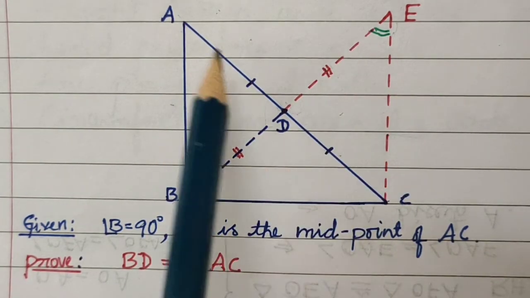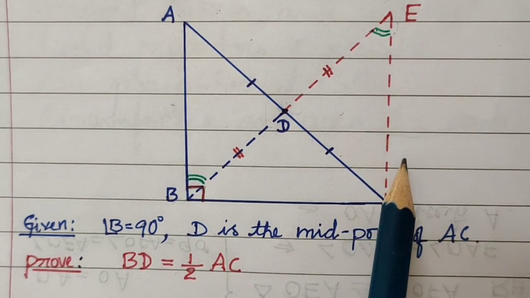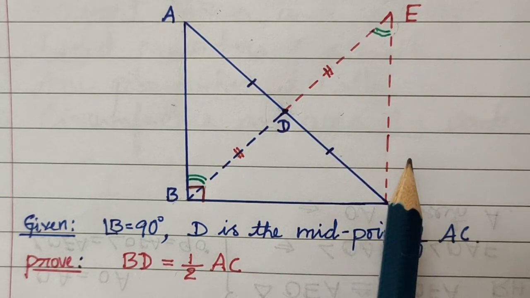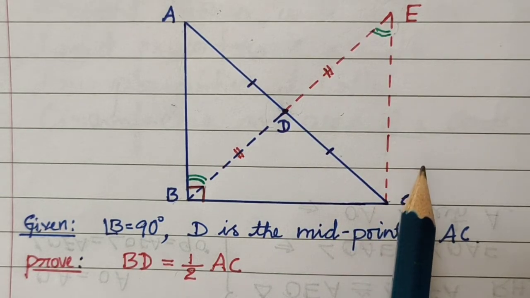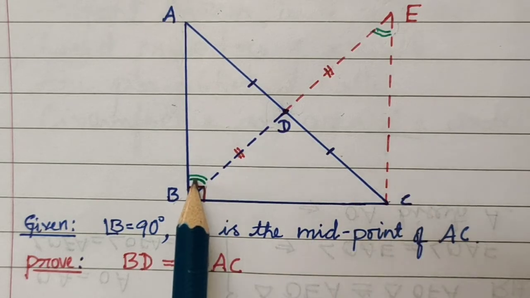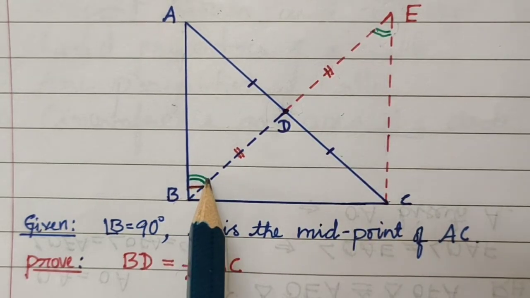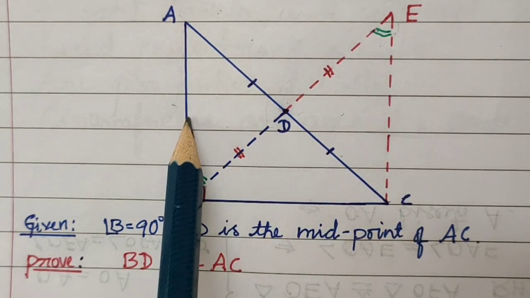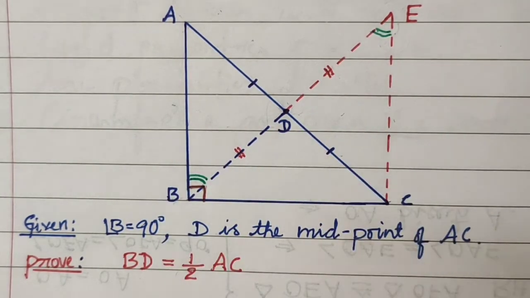And AB is parallel to CE, because angle ABD is equal to CED. These two are alternate interior angles. Therefore, AB is parallel to EC.